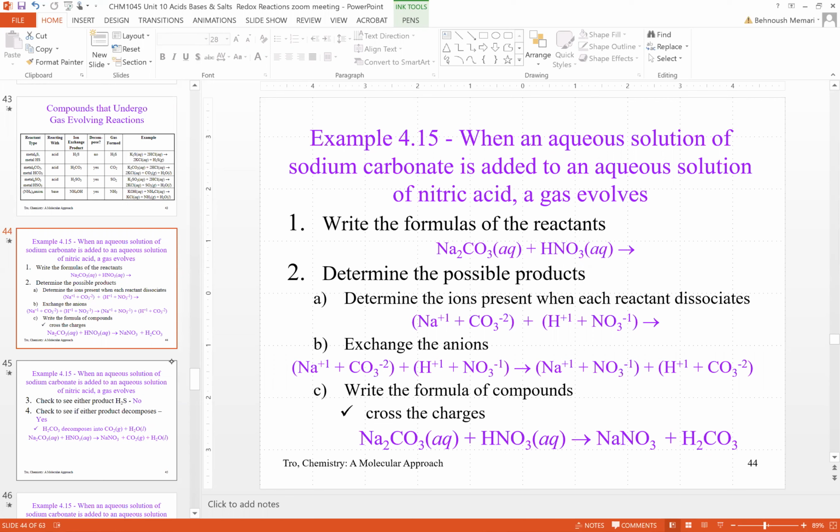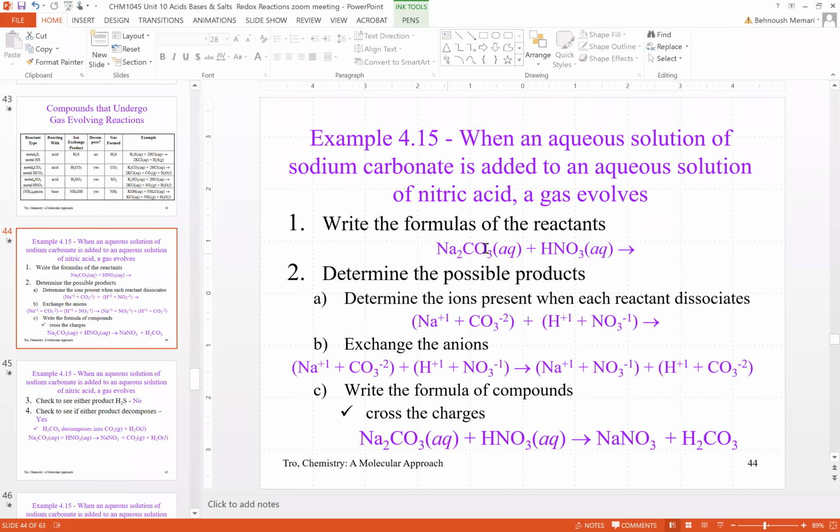In this case you have sodium carbonate, and in the other table we had metal carbonate plus acid, which will generate gas. So metal carbonate plus nitric acid is going to be a double displacement reaction, or kind of an acid-base reaction.